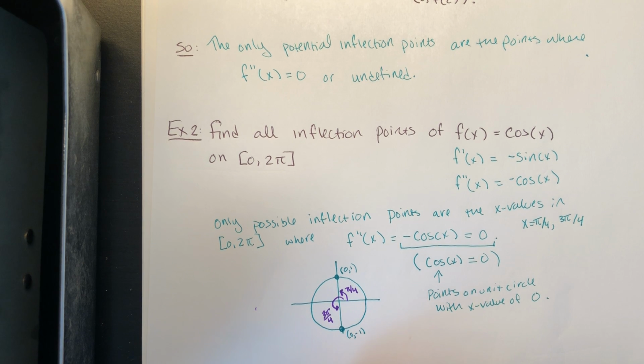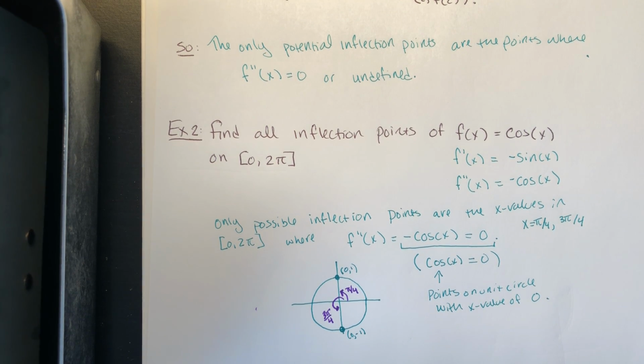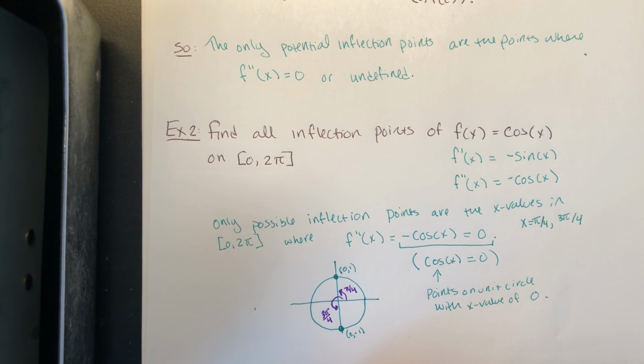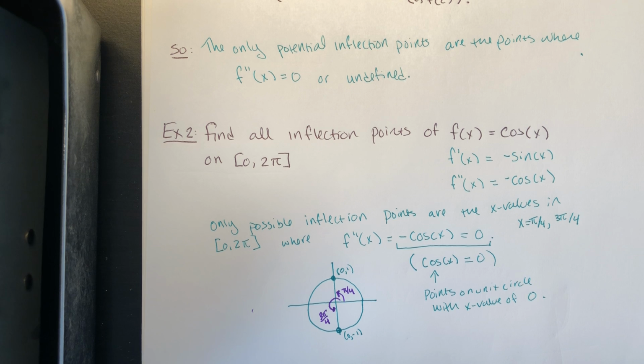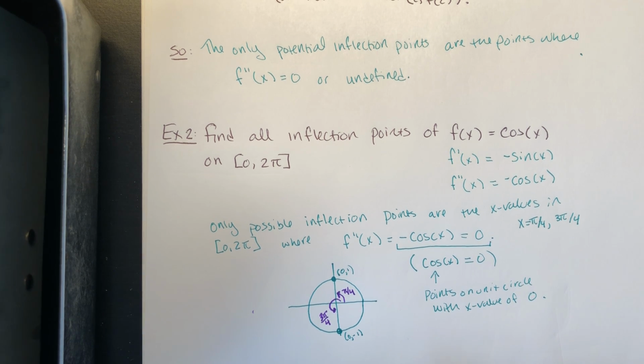So we're going to set up a test just like we did for the increasing and decreasing test, where we put our possible inflection points on a number line, pi over 4, 3 pi over 4, and then we test a point within each interval and determine whether the second derivative is positive or negative. Because remember, wherever the second derivative is positive, your original function will be concave up, and anywhere the second derivative is negative, the original function will be concave down.